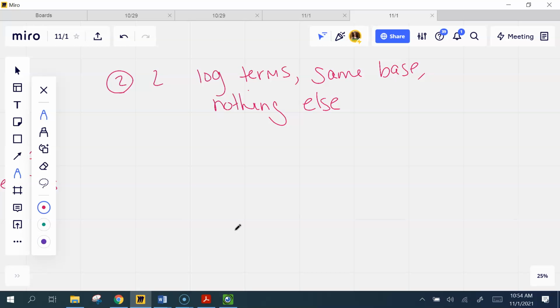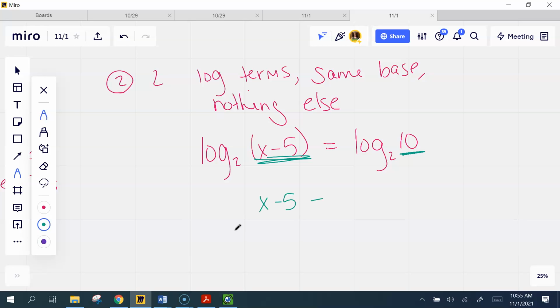If I have two log terms, same base, nothing else, so maybe log base 2 of x minus 5 equals log base 2 of 10. If that's the case on either side of the equal sign like that, I can just set these arguments equal to each other. So x minus 5 equals 10. So x equals 15, right?